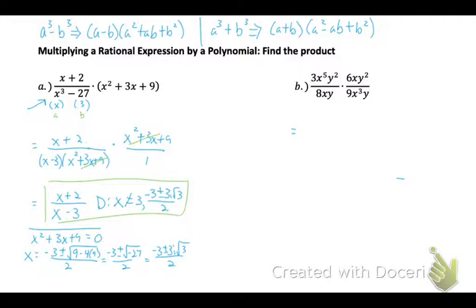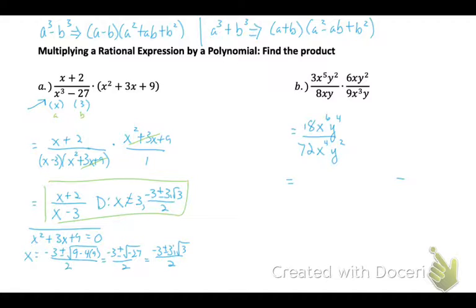Now look at B. This is just two simple rationals that we need to multiply together and simplify. So let's multiply our numerators together. 3 times 6 is 18. It'll become x to the 6th, y to the 4th, over 72, x to the 4th, y to the 2nd. Remember, the shortcut rule with multiplying same variables is to add the exponents. Now let's simplify.